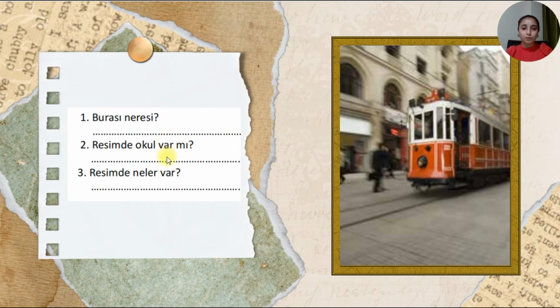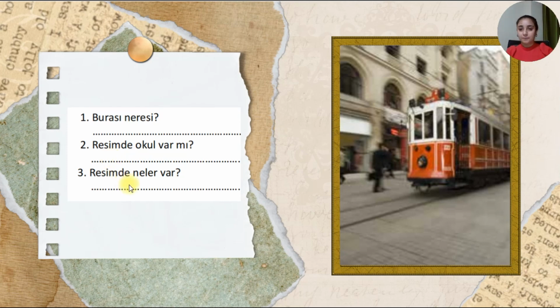Resimde okul var mı? Resimde okul var mı? Is there a school in the picture? Is there? It doesn't seem like there is a school. Let's say no. Hayır, resimde okul yok.